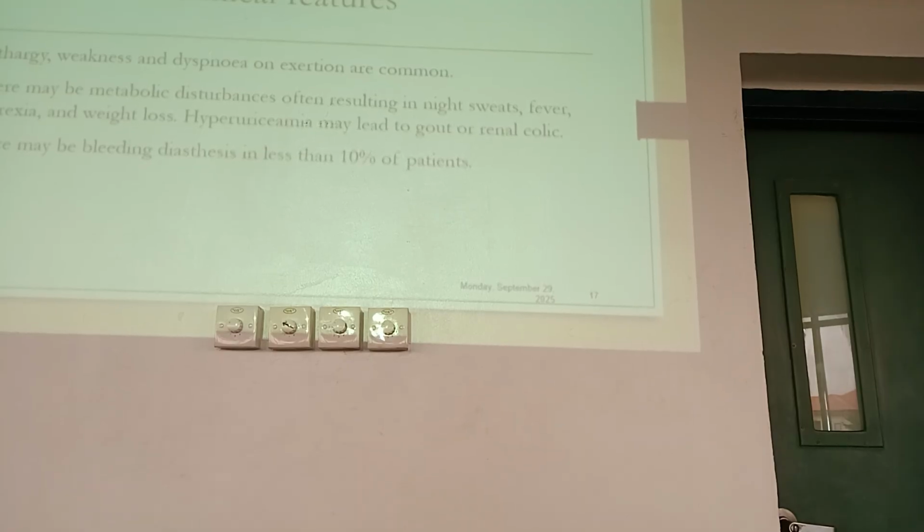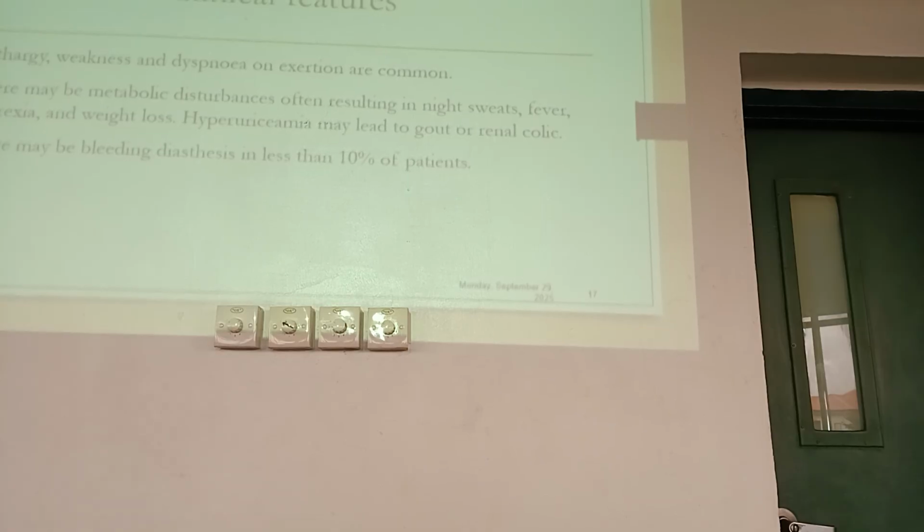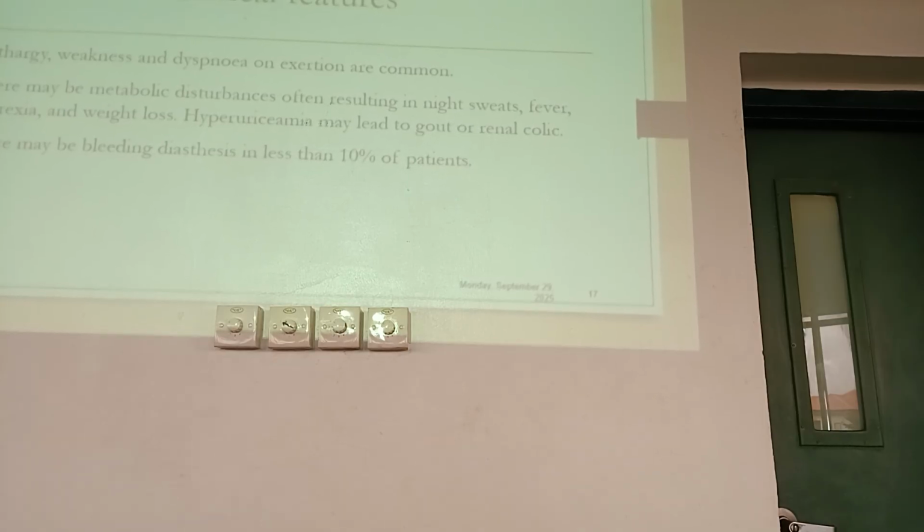So by the time you do that, you now do a bone marrow biopsy. What is the difference between a bone marrow aspiration and a bone marrow biopsy? Aspirate is the cellular content that is stained with Leishman, May Grunwald Giemsa (MGG), or Giemsa stain. What about the biopsy?